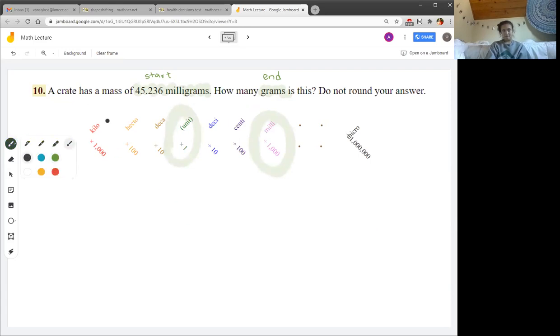Remember that all of these words are prefixes. So if we're using grams, they all have grams after them. If we're using a different measurement, they would all have something else after them, meters or watts or whatever, right? But they all have the same word that they are just stuck before.